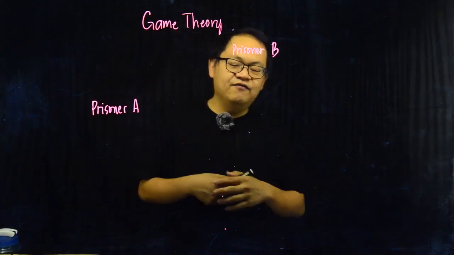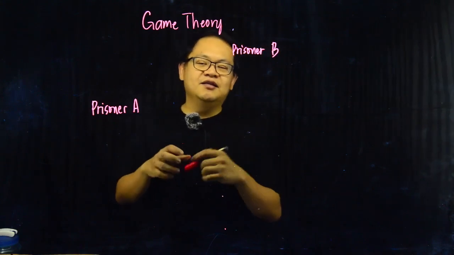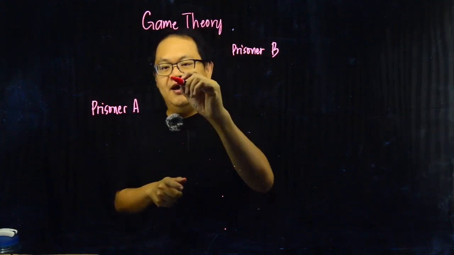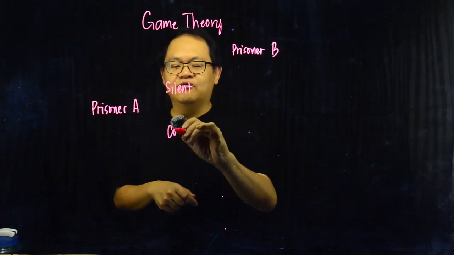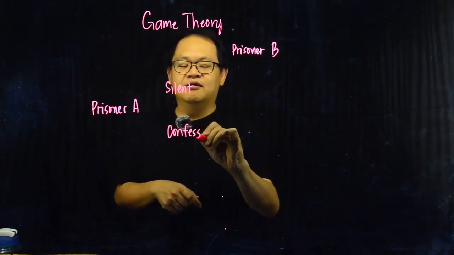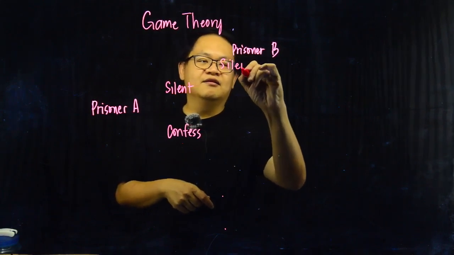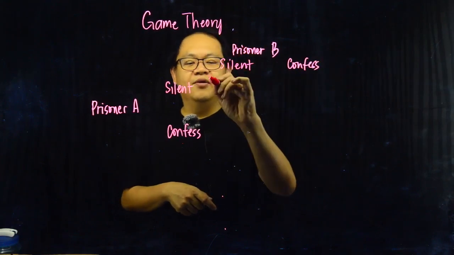And if these two prisoners are placed in two interrogation rooms, essentially they still have the same two decisions that they can make: either to stay silent or to confess. And for prisoner B, also to stay silent or to confess. Okay?